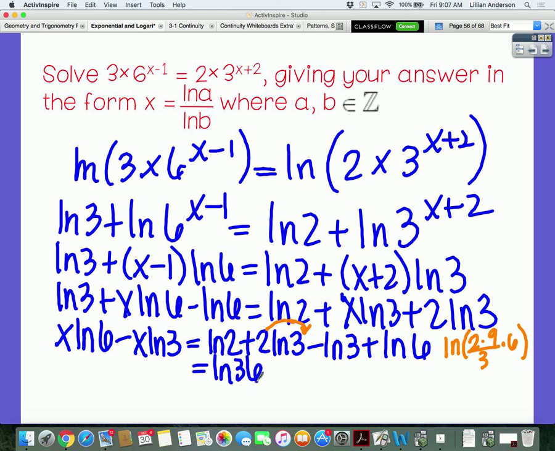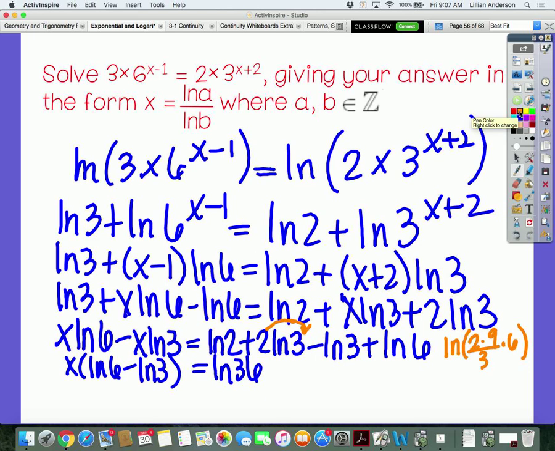What am I going to do on my left side? Factor out the x. And we should recognize that from before, we know we're going to divide, but since we're subtracting, we're technically what? What does subtraction mean if you try and condense this? Dividing.